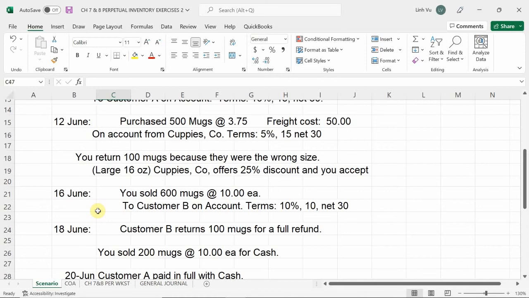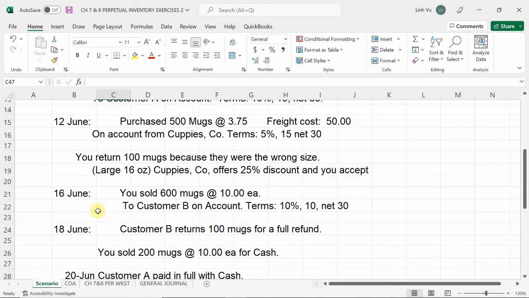We end up trying to return 100 of those mugs, but Cuppy Coast convinced you otherwise, saying there's nothing wrong with the mugs. You can still sell them, they're just larger size cups. And we'll give you a 25% discount to make up for our mistake for shipping you the wrong item. So you accept this discount. That means you accept to keep those 100 mugs.